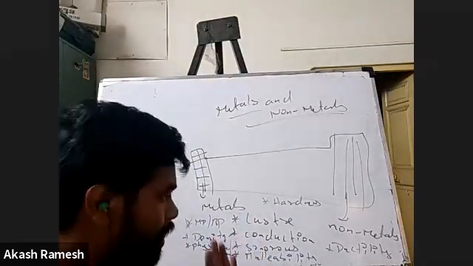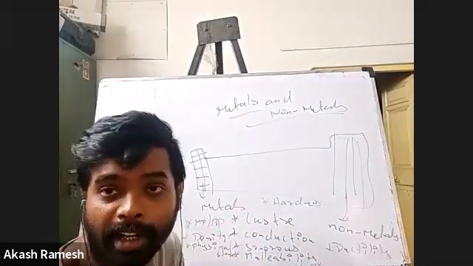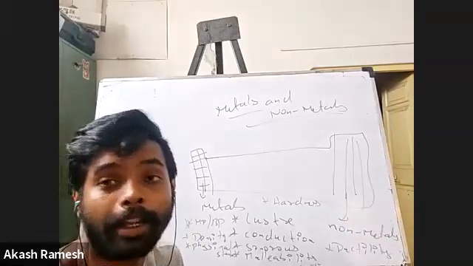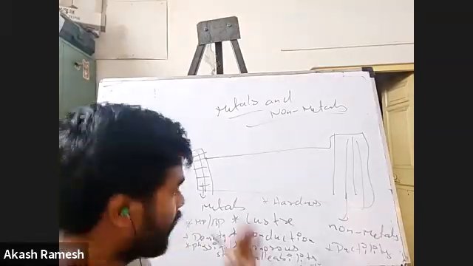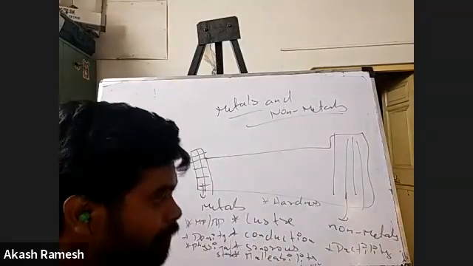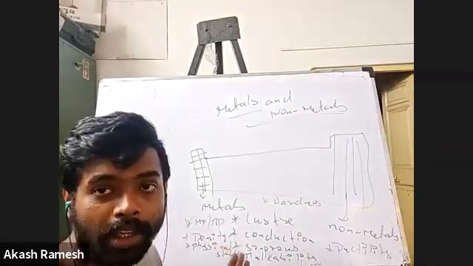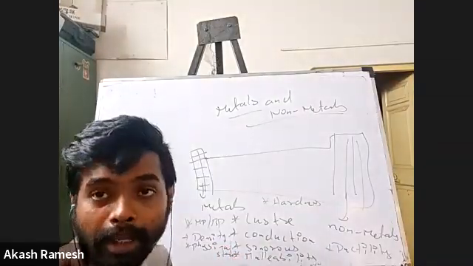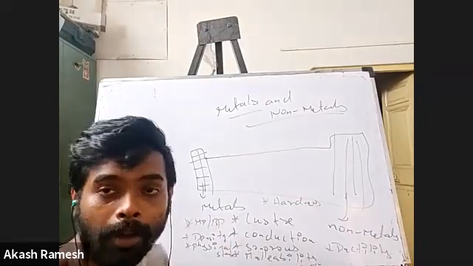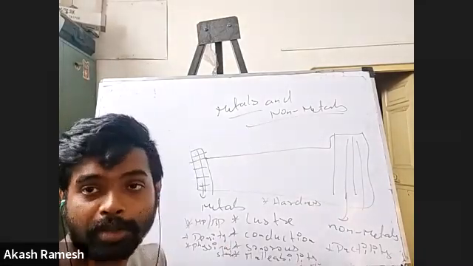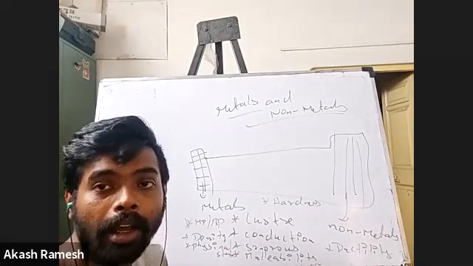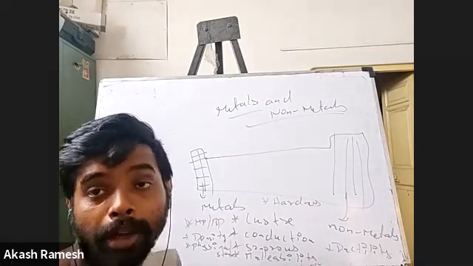We say that metals are generally lustrous, but again you can have some exceptions. For every physical property you see here, there will definitely be exceptions. You have to know what all the exceptions are also. For example, certain non-metals will also be lustrous.